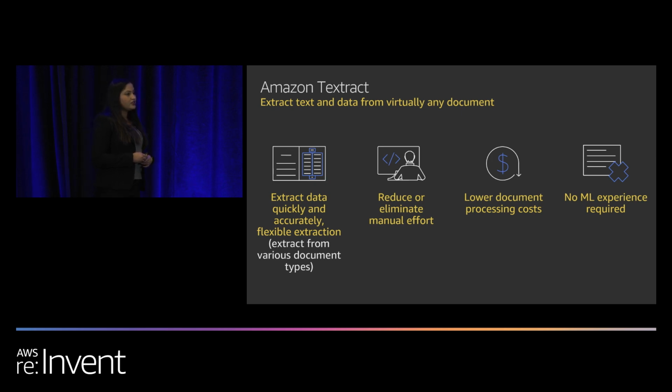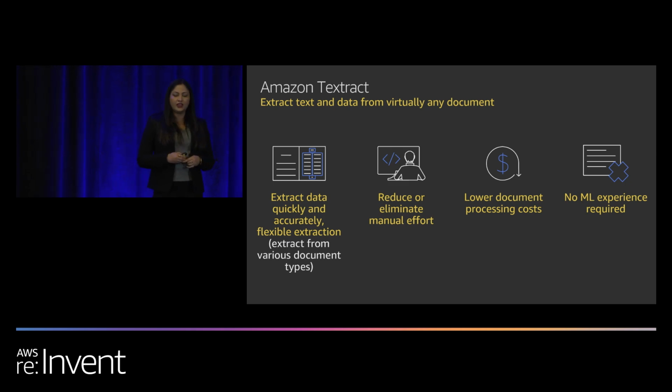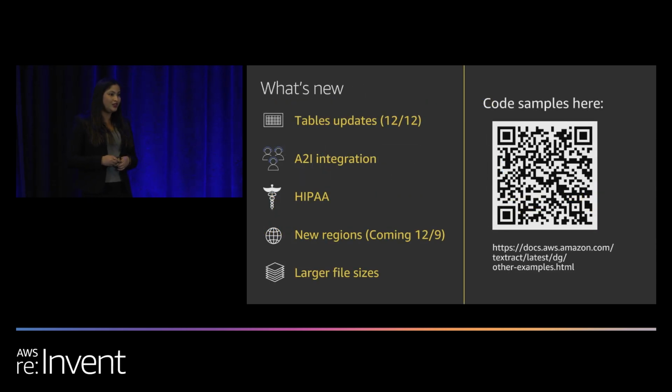You can use Amazon Textract to extract data quickly and accurately with flexibility across different document types, reduce any manual effort you have to put in, lower your processing costs for document processing, and do all of this without requiring any significant machine learning experience. We talked a little bit about some of the quality and the feature updates that the team has been working on.